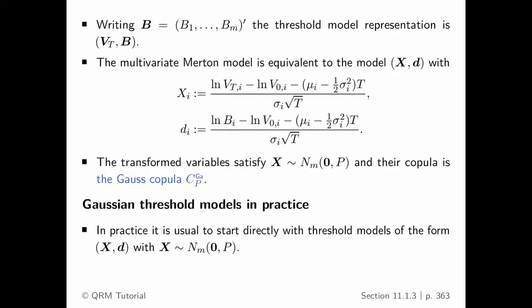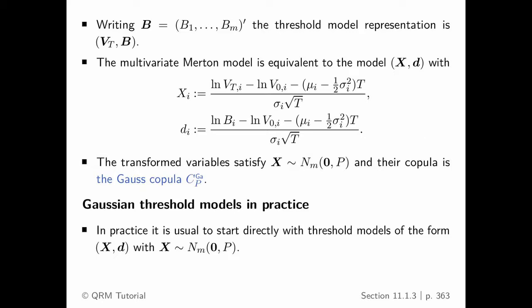Well, here it is. In this model, let's say B is this vector of liability levels that have to be repaid. So the threshold representation, instead of X and D, would have V and B. But we can do some standardization.